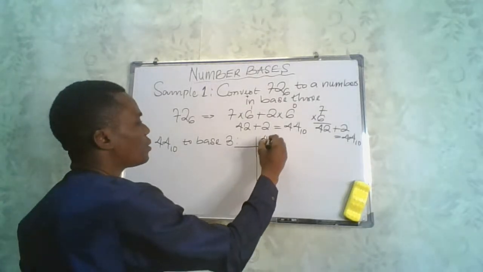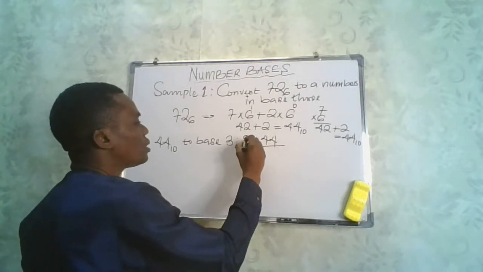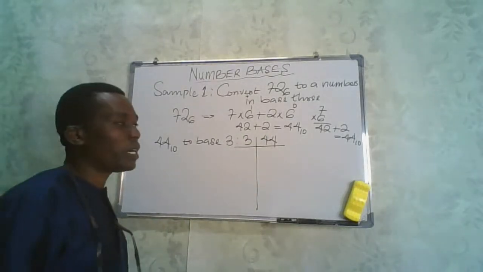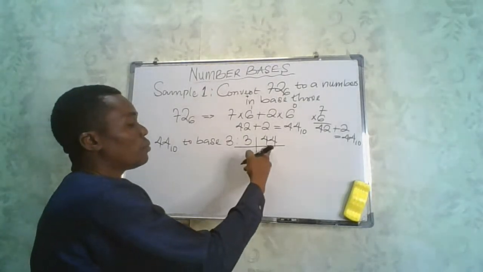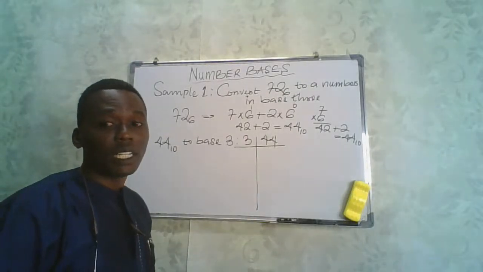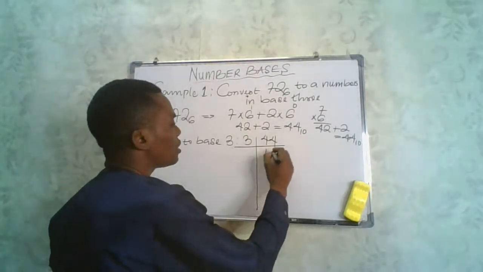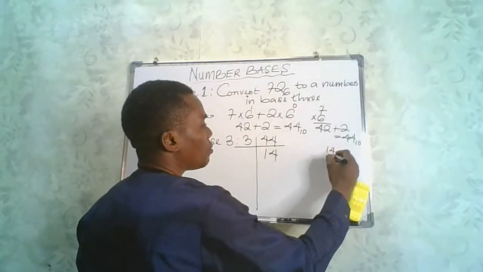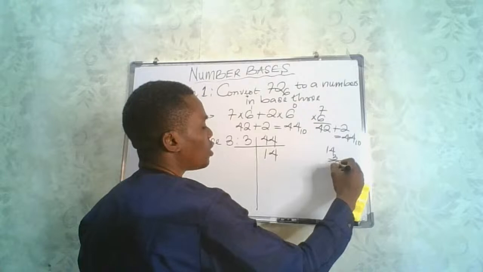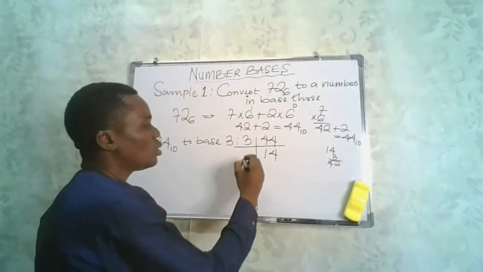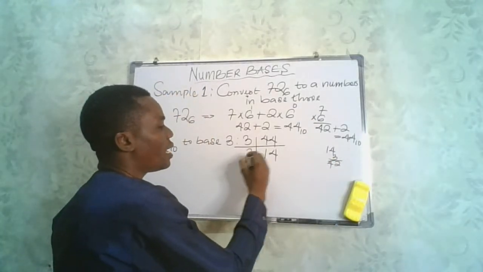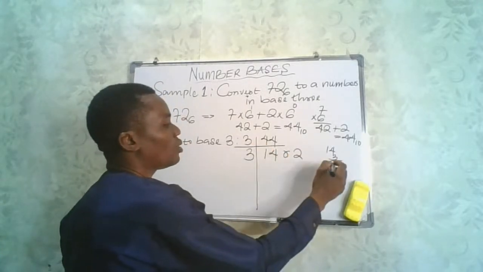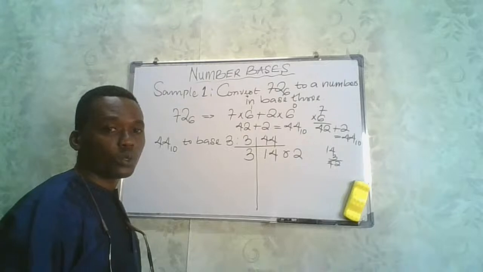So we're going to have 44 divided by 3, which is the base we are taking it back to. 44 divided by 3 is going to give us 14. 14 times 3 gives us 42, and this will remain 2, because 44 minus 42 gives us 2.